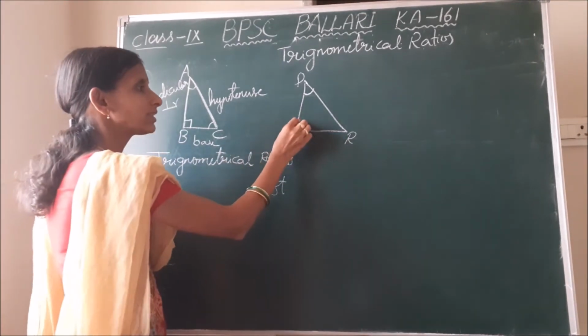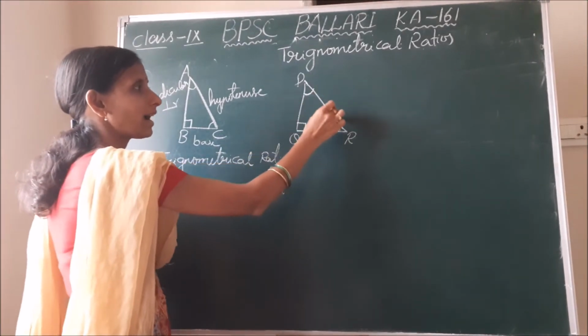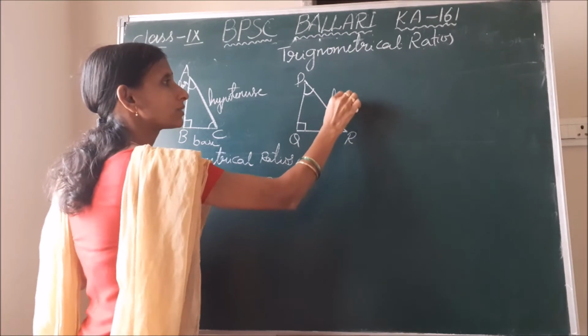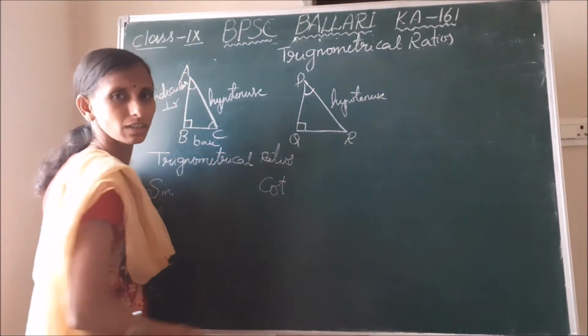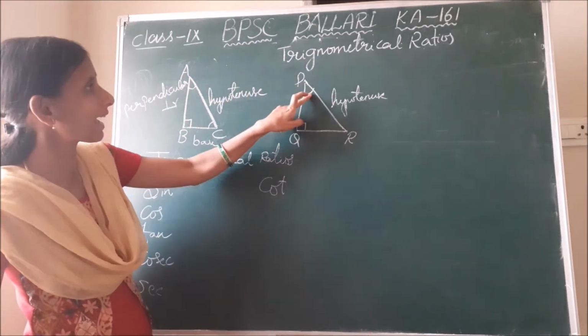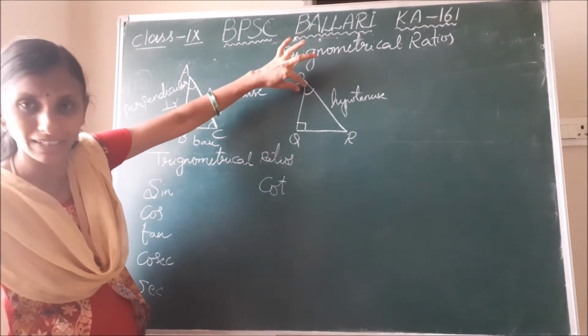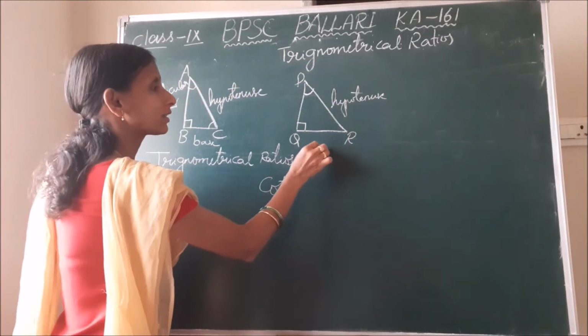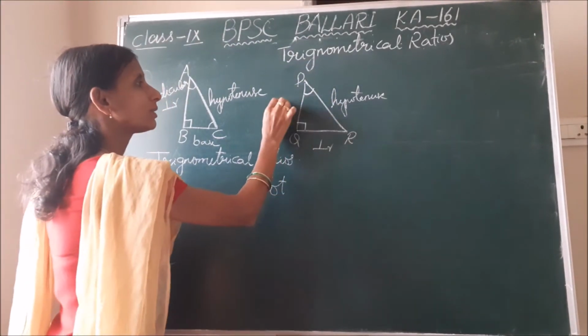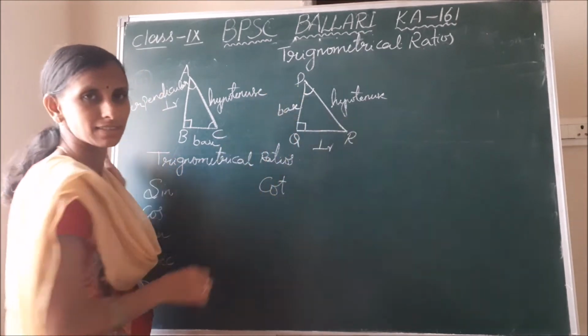Here we know this is the right angle, so PR is the hypotenuse. And here is the angle at the point P, so the opposite side we call the perpendicular. Next, this will be the base.